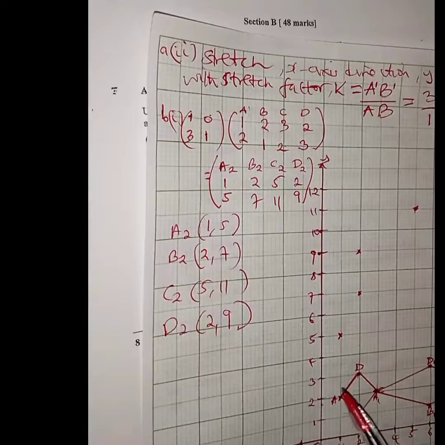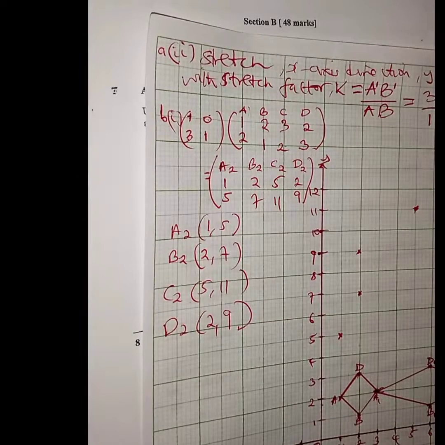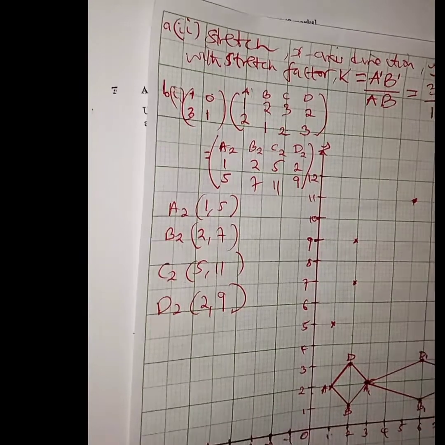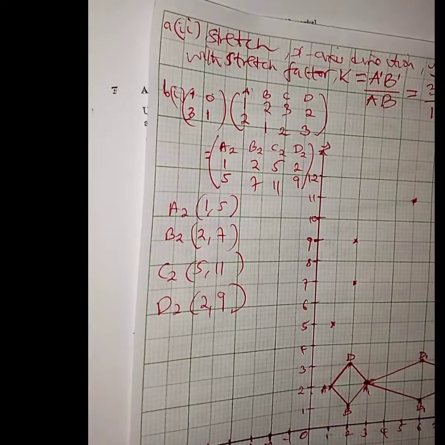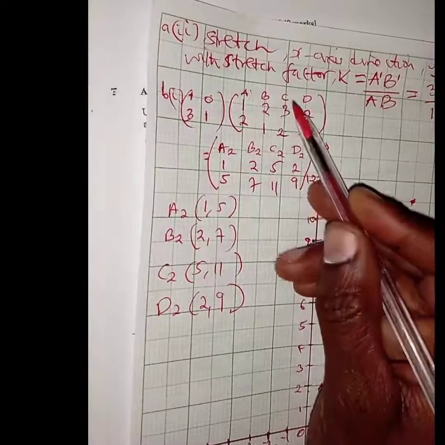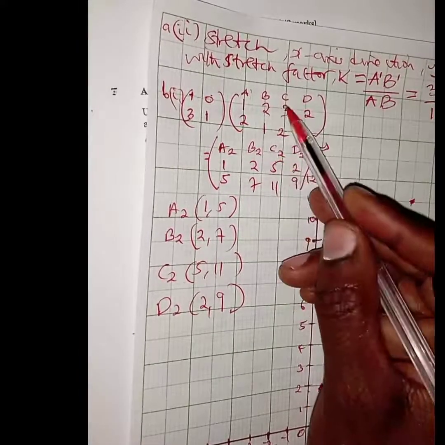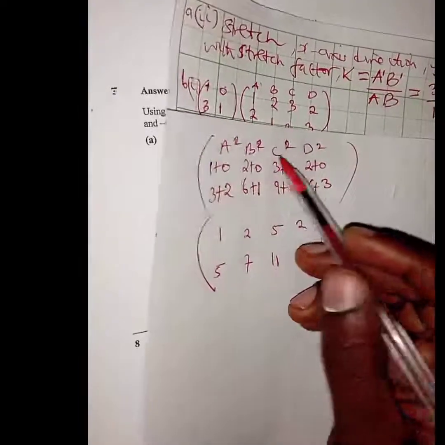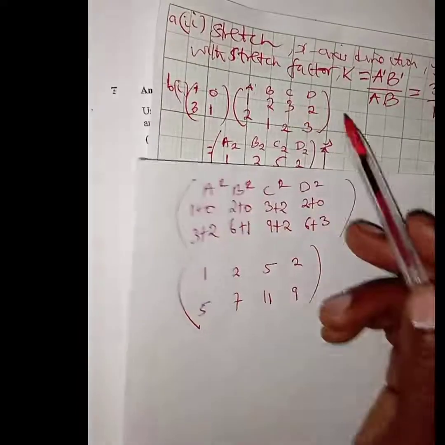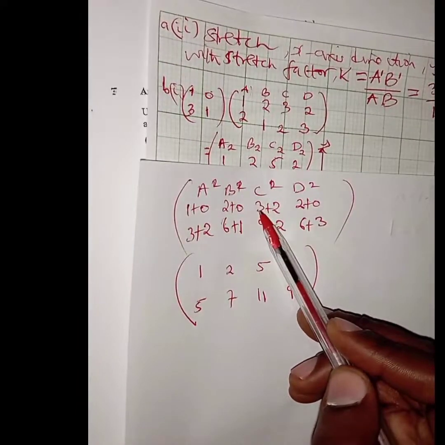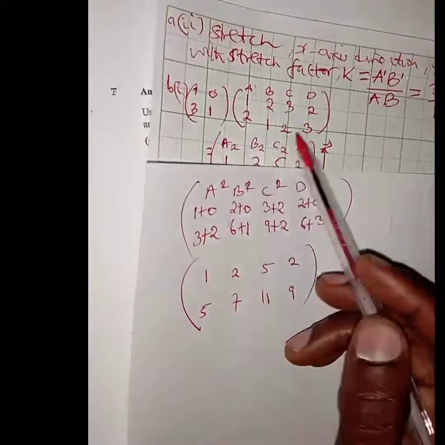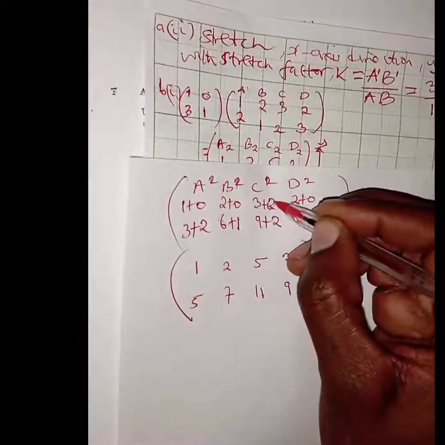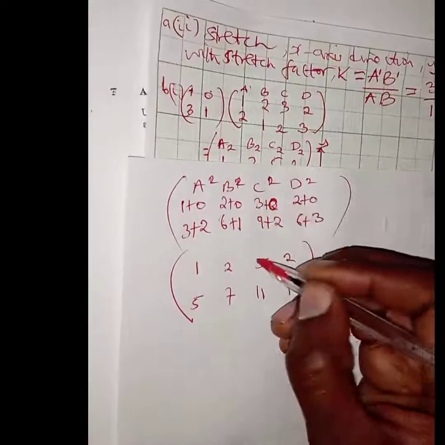So let's see. We had 2, 7. Oh, sorry. We made a mistake here. This 5, this C. So we can multiply again. It was from here, remember? This one. 1 times 3, 3 plus 0 times 2 is 0. So this is supposed to be 3 plus 0, 3.